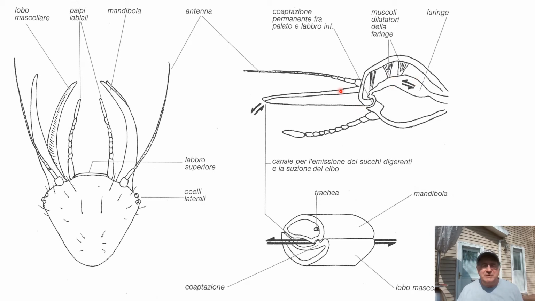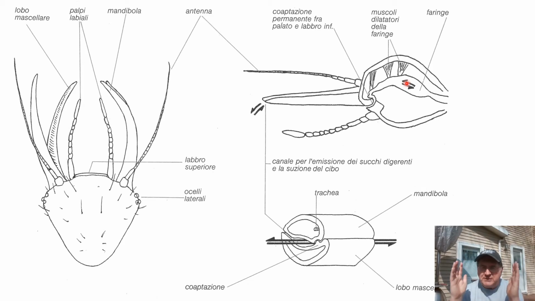Remember I talked about a cibarial pump in the Psocoptera and in the Hemiptera more generally. These muscles contract, increasing the volume here, and that increased volume causes a suction, enabling them to suck fluids into their digestive tract.